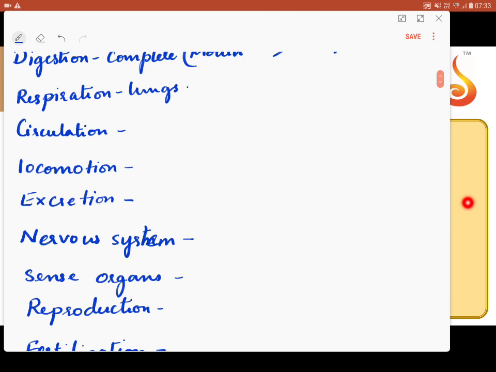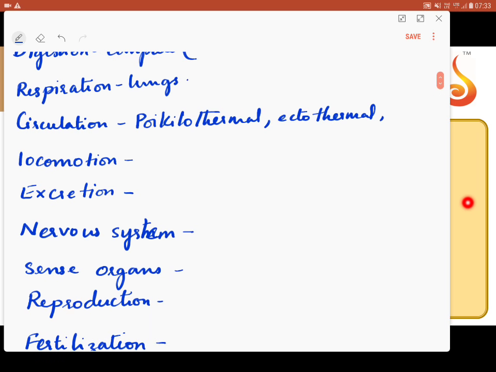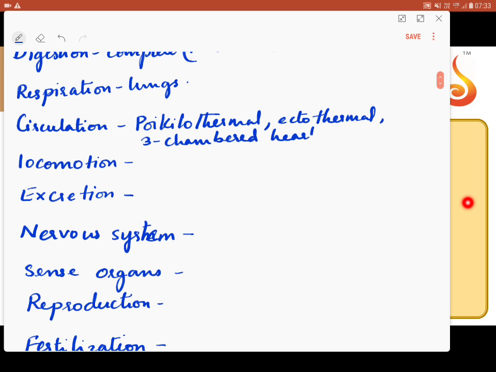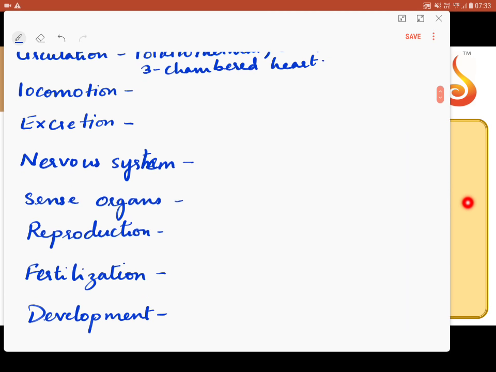Circulation, these are poikilotherms and ectothermal. They have a 3-chambered heart. Two auricles and one ventricle. Again, here there is an exception. Crocodiles and alligators have a 4-chambered heart.